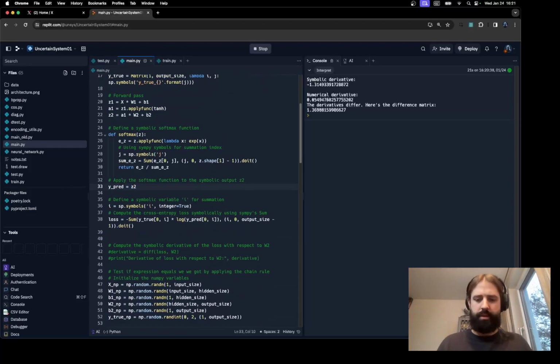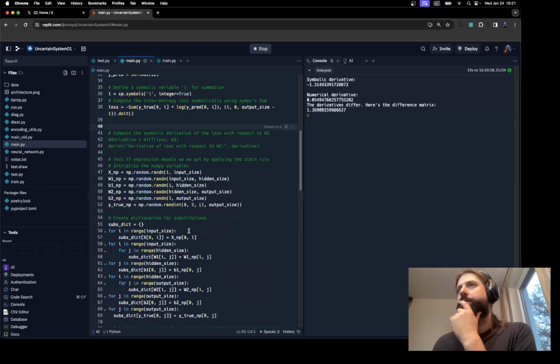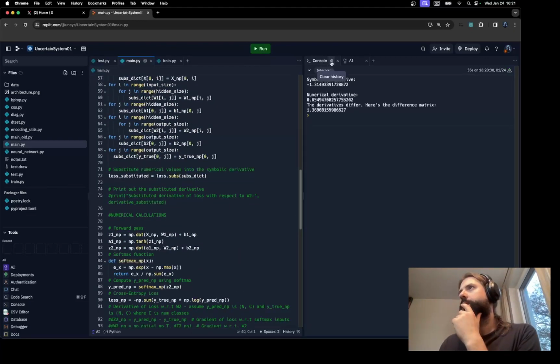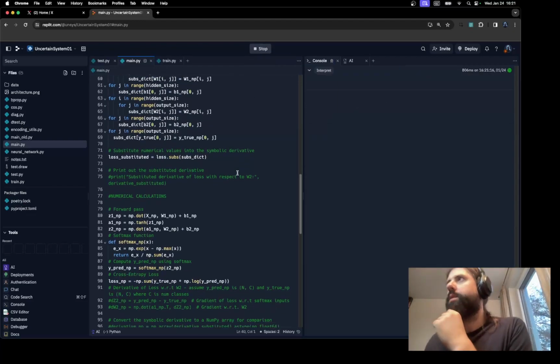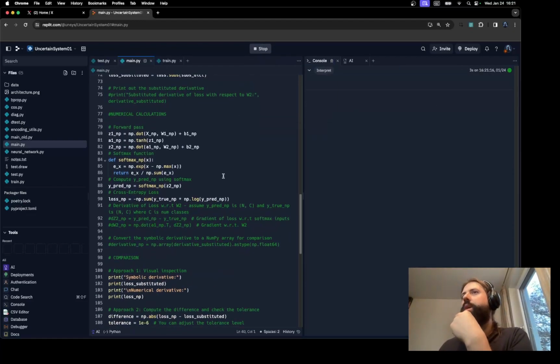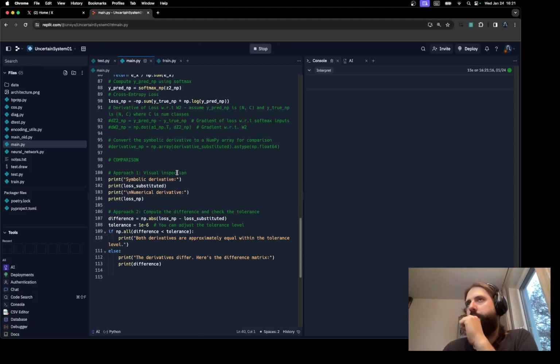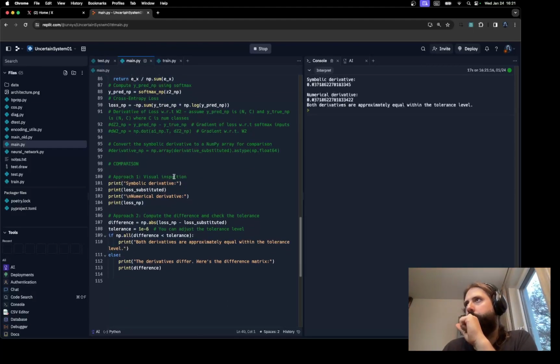So let's just say that's softmax, y pred. Exactly. Softmax is needed in that case. Let's see. But now probably the loss functions are not going to be the same.